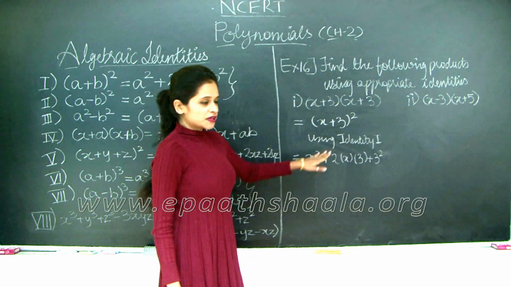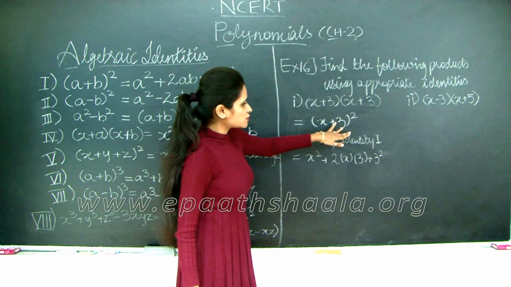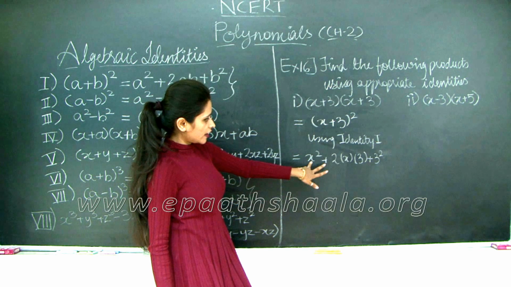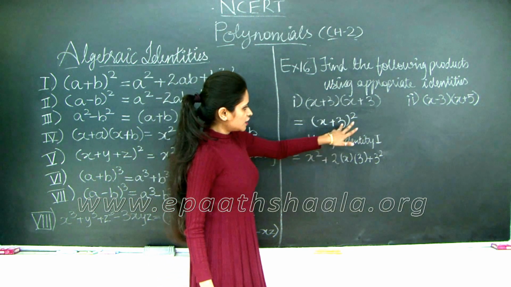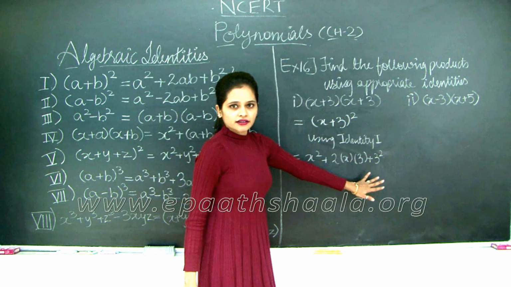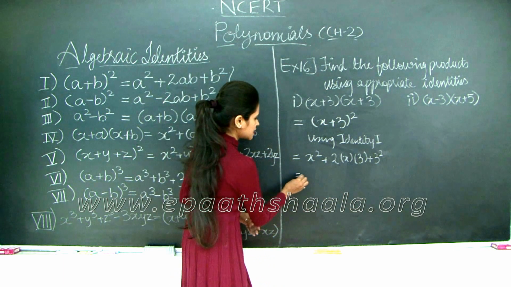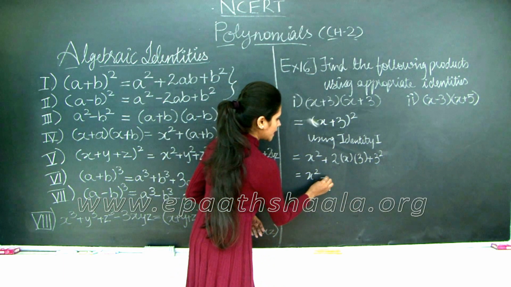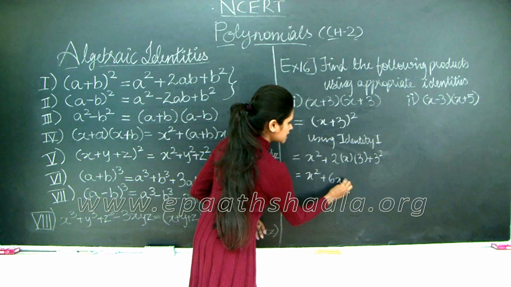So this is a plus b the whole square, suppose. So a square plus 2ab plus b square. So x square plus 2 into x into 3 plus 3 square, right? This is equal to x square plus 6x plus 9.